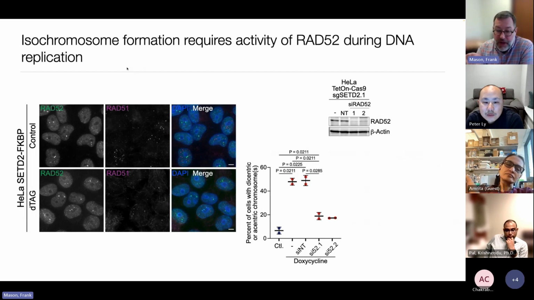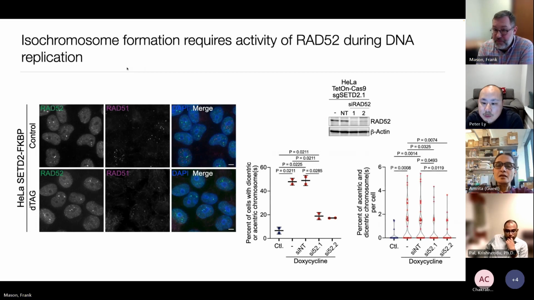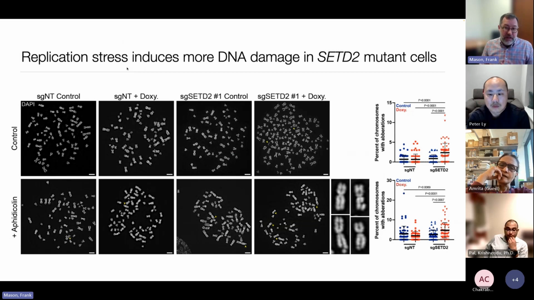However, when we deplete Rad52, we see a decrease in the formation of these dicentric or acentric chromosomes. That suggested to us that the defects we're seeing in the formation of these dicentric chromosomes may be at least in part dependent on Rad52 activity and the loss of Rad51 activity, but also that they're occurring during DNA replication.